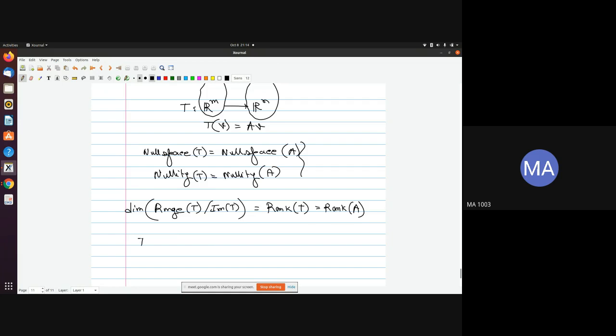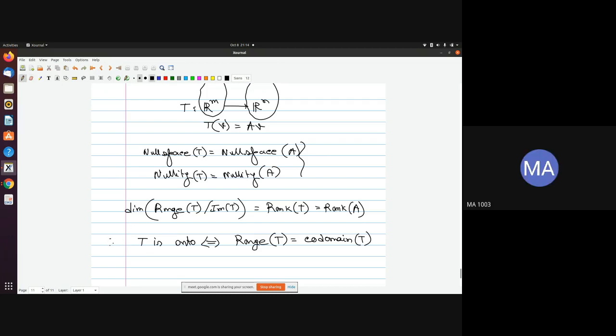The point is, if T is onto, then the range of T is the same as the codomain of T. That was the definition. Basically, this is if and only if.